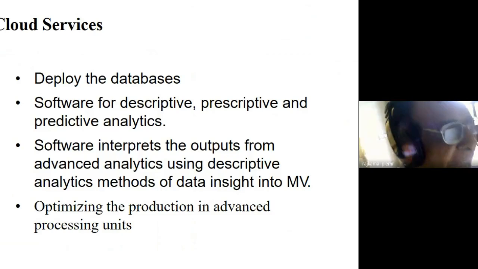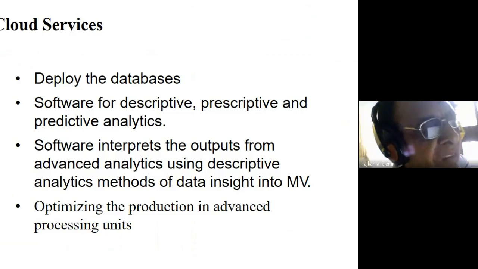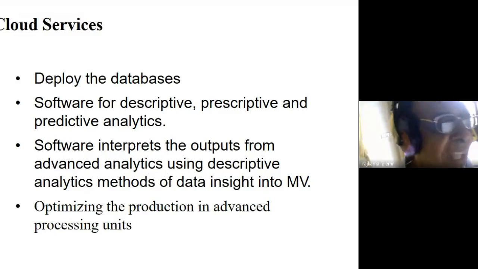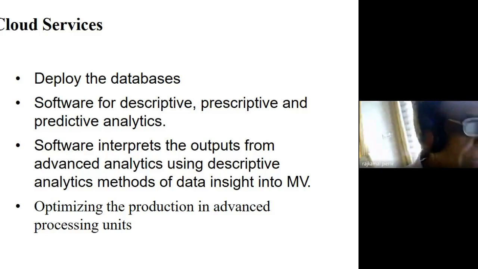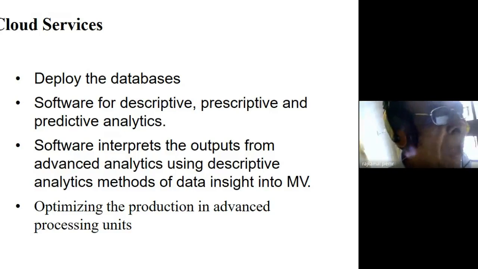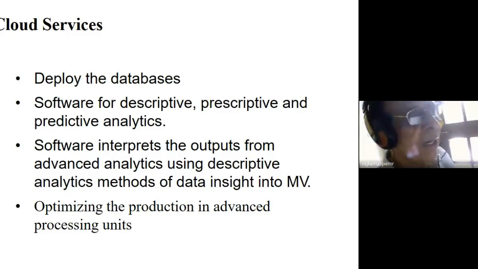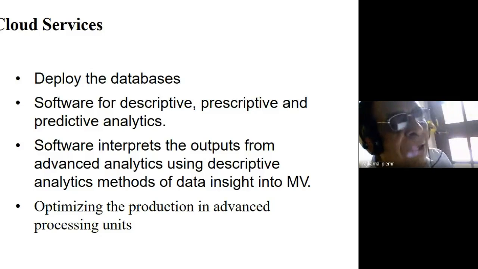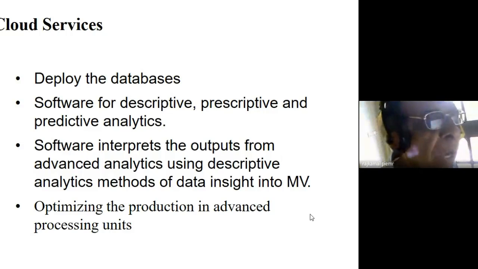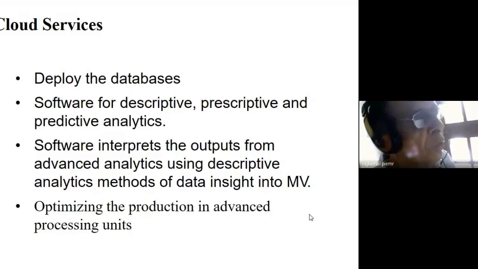That data gives me insight into the functioning of a company: how the sales are, how the production is, how much investment there is, how many months sales were low, and so on. So descriptive analysis is the first element to give me data insight into the machine vision data from the different cameras, which has been received through the plethora of edge computing units and through the edge server to the cloud services, and optimizing the production.